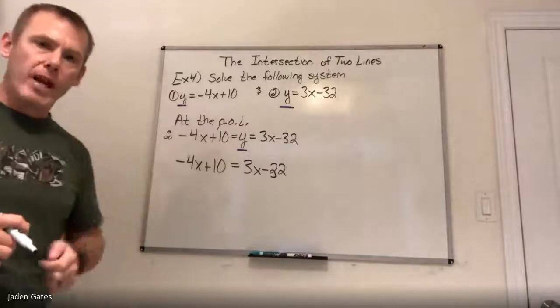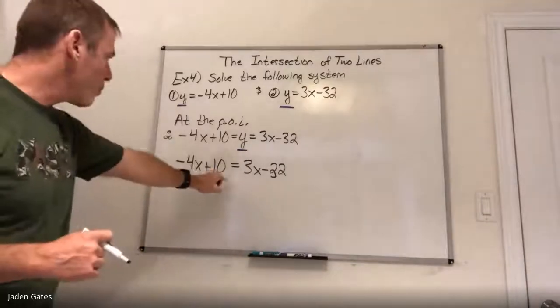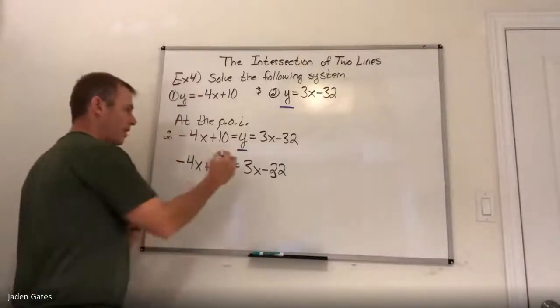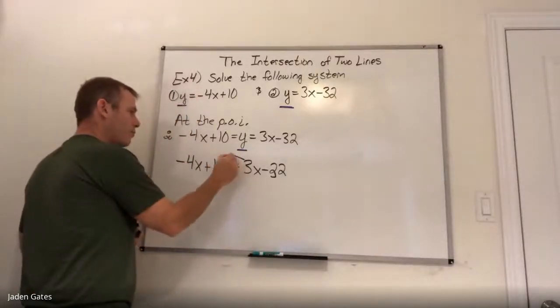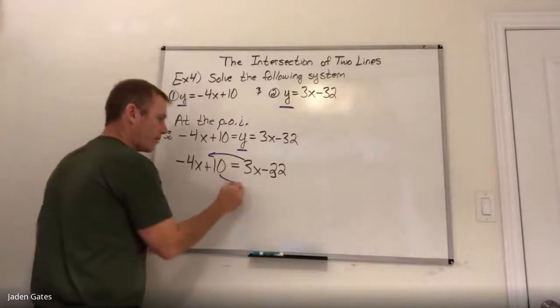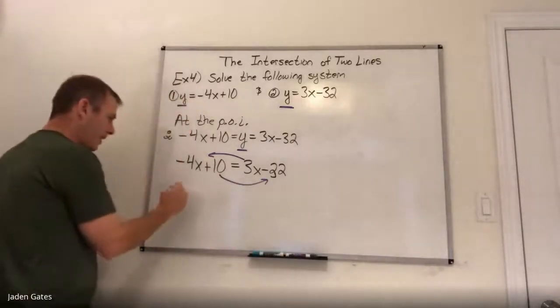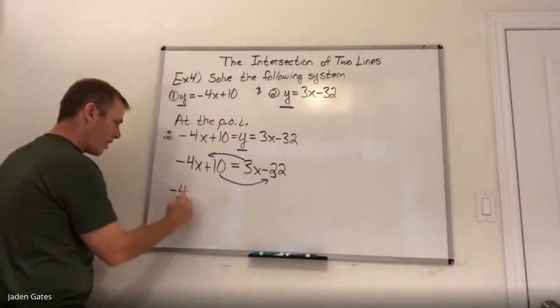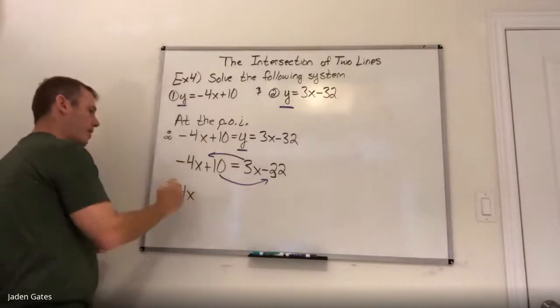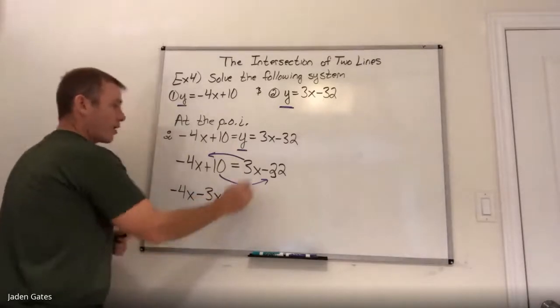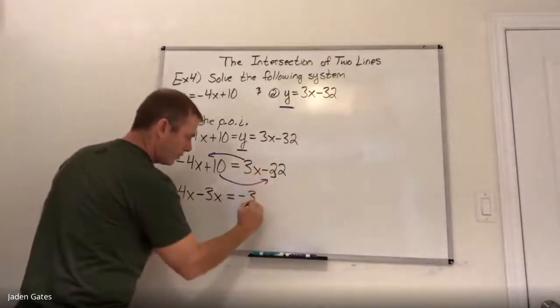All right, now what we have is an equation where we can actually solve for x. So I'm going to get all the x's to one side and numbers on the other. I'm going to move this 3x over here, and I'm going to move the 10 over with the negative 32. On my left-hand side, I have negative 4x. The 3x is coming over, so it changes sides, so it's a minus 3x. And over here, I have that minus 32.